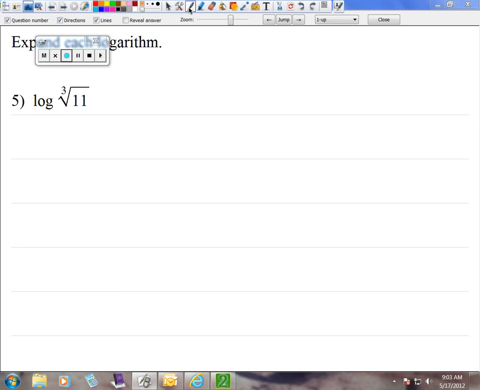I'm impressed with that because I really didn't think anybody would know what to do with this. This is the answer. But you have to rewrite it first as an exponent. Do you remember how we learned how to write from radical to exponent? And didn't I tell you if it's a square root, it's to the 1/2 power. If it's a cube root, it's to what power? 1/3.